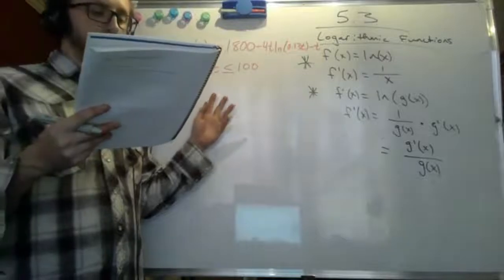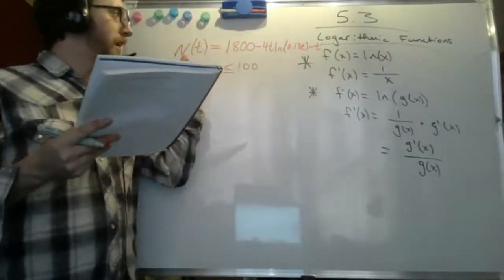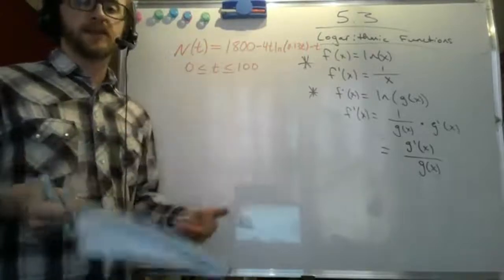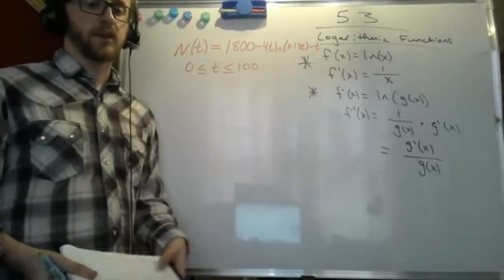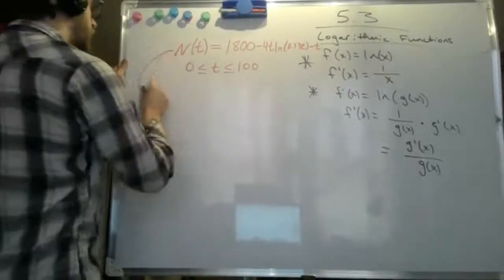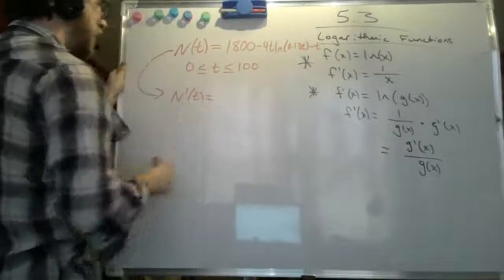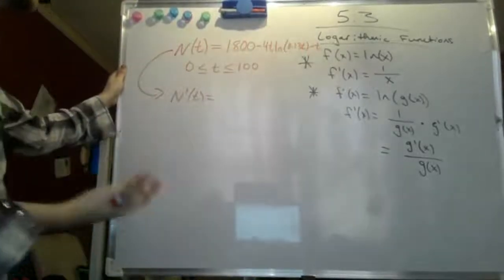However you look at it, if we're trying to find a maximum number for this N, the number of aphids, then to find a max, we need critical points. So we have to take the first derivative. So here we go. We're looking for N prime of t. The derivative of 1800 is 0.